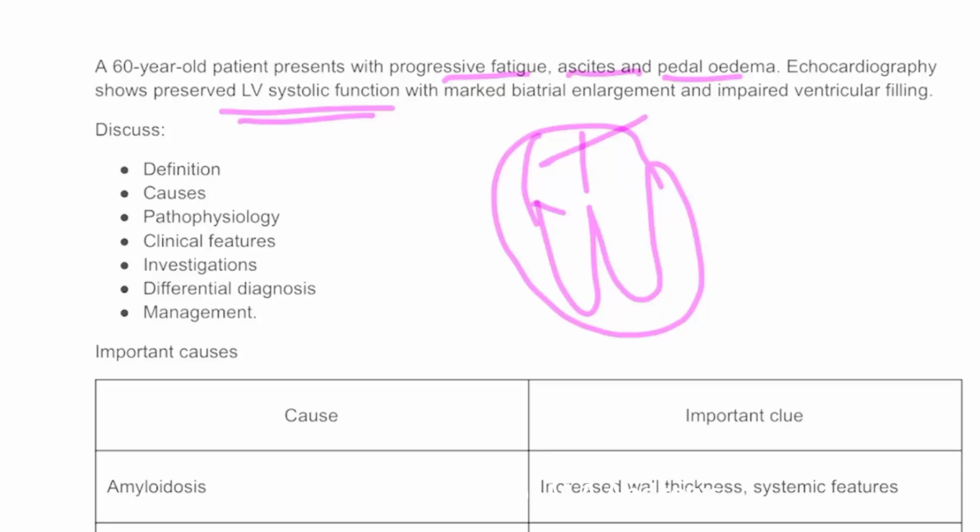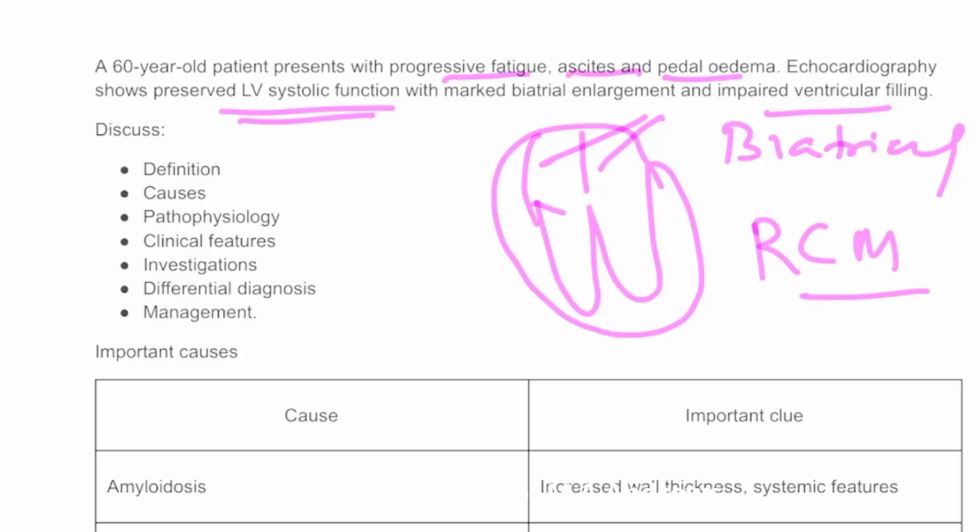Right atrium is enlarged, left atrium enlarged, and impaired ventricular filling. So there is a restriction in the filling. So this is what is called a restrictive cardiomyopathy.